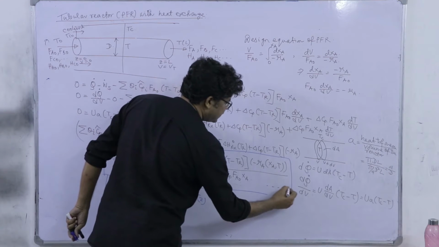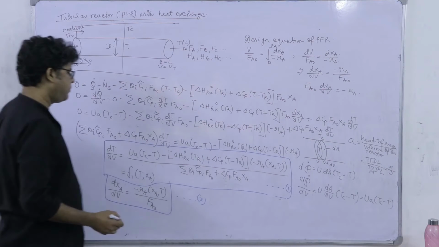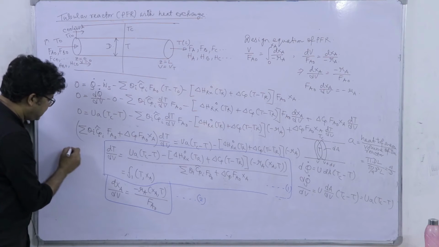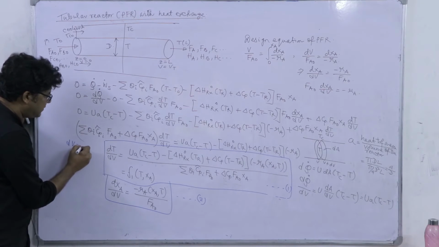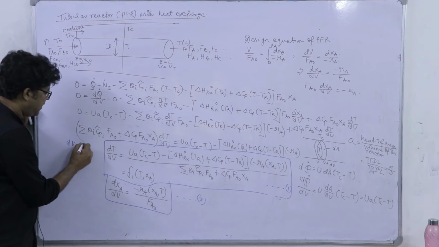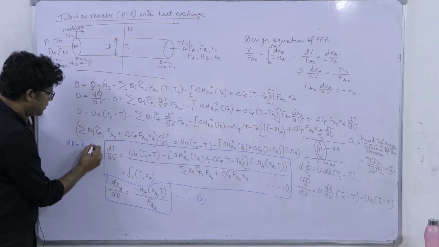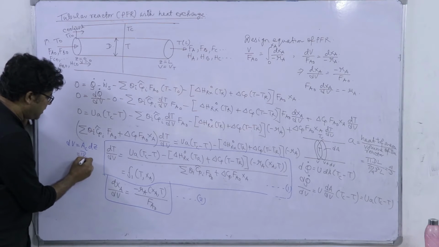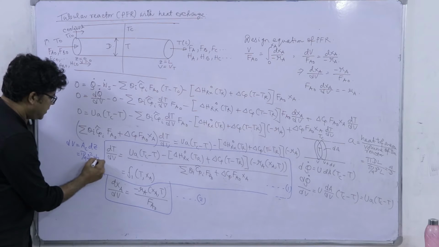This is equation 1. Now we can change this dV as the cross-sectional area A into dz, where A cross section is pi by 4 d square into dz.